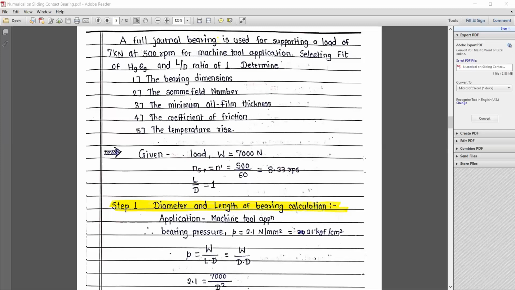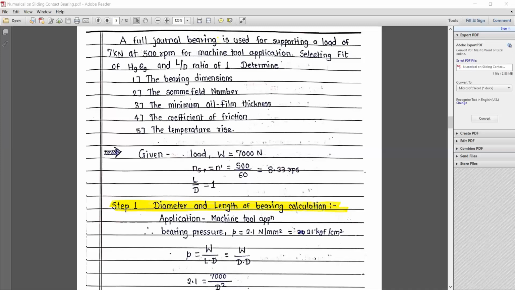What we need to find out: first, bearing dimensions; second, Sommerfeld number; third, minimum oil film thickness; fourth, coefficient of friction; and fifth, the last one, temperature rise. The procedure is the same as the previous numerical, but a few changes are here.